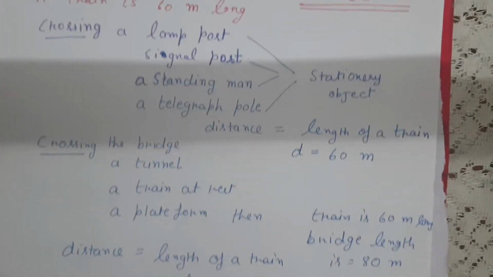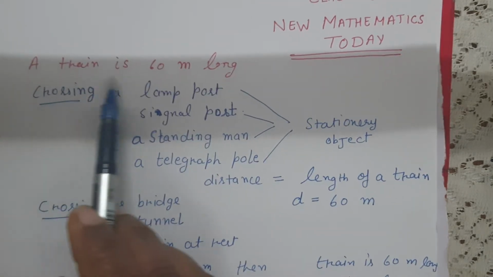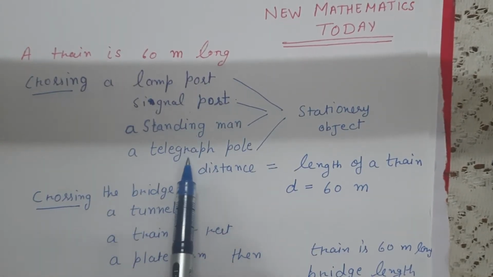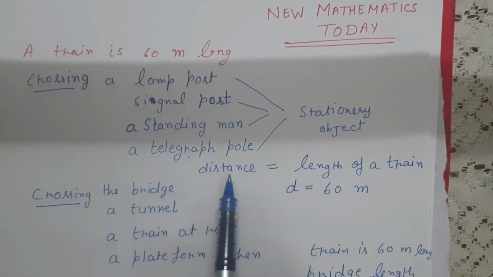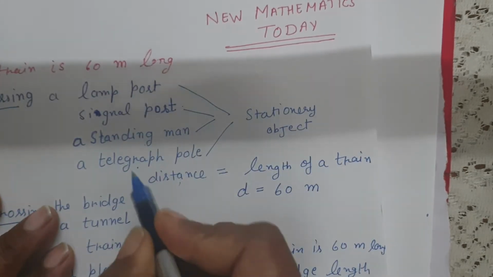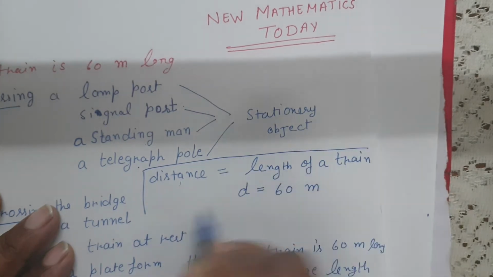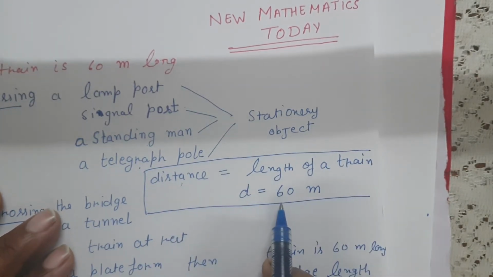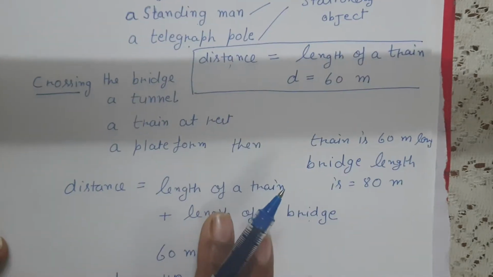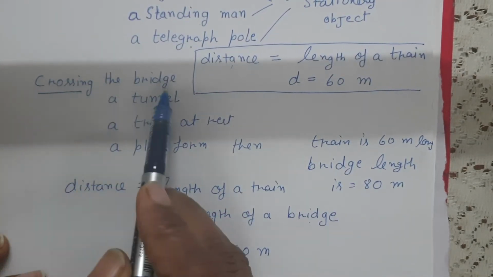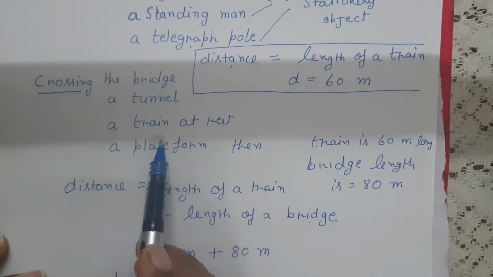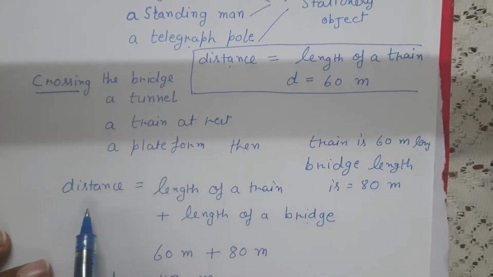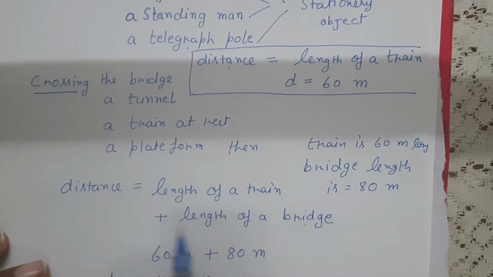It means there are two rules. If a train is crossing a lamp post, signal post, standing man or telephone pole, the distance is equal to the length of the train, that is 60 meter if the train is 60 meter long. And if the train is crossing a bridge, a tunnel, a train at rest or a platform, then distance is equal to length of the train plus length of the bridge.